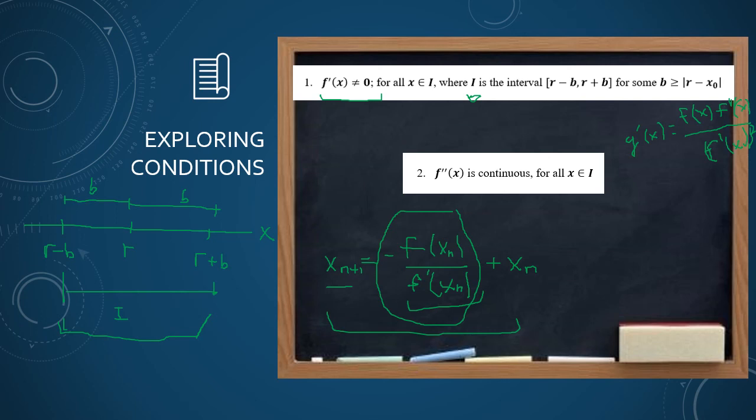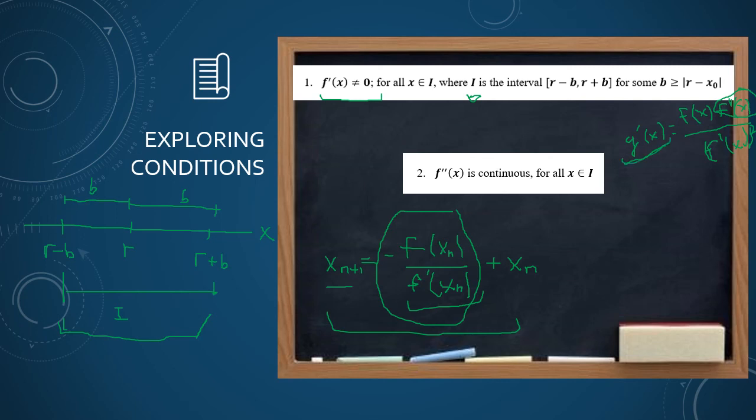Now, it's a little messy, but I think we can get the idea. So we have our f prime of x, f double prime of x here. If f double prime of x is something crazy, not continuous, then we can't quite continue with the proof for the attracting fixed point. So we need this f double prime of x to be well behaved, to be continuous. If it's not, we can't be certain that our proof will hold.